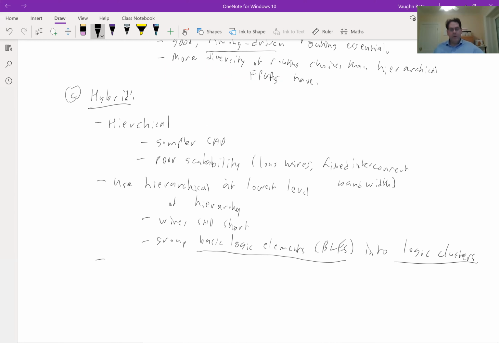Now our logic blocks are basically bigger. Each logic block is not just one logic element like a lookup table and a flip-flop. It's a bunch of them grouped together with essentially local interconnect. So it's like a small hierarchical FPGA. Okay, and then we use island style right in between those.